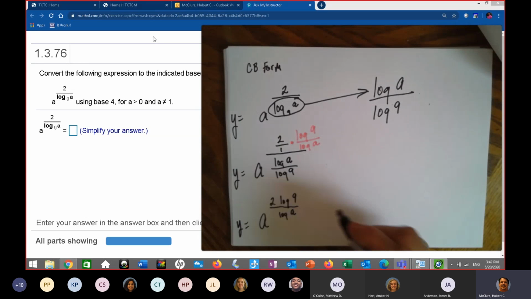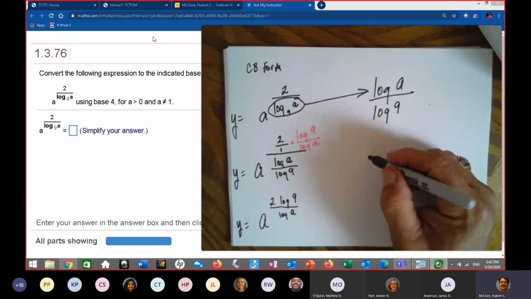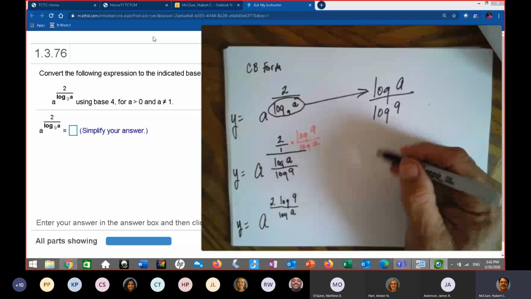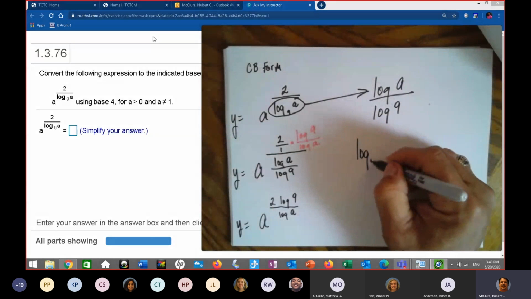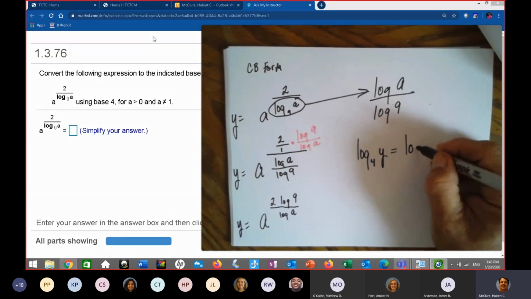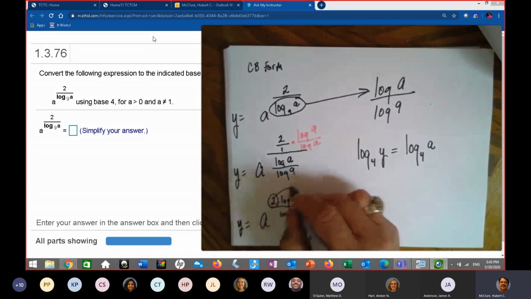Okay, now I'm going to take the log base 4 of Y. I want to take the log base 4 on both sides because it says I want to use the base 4. So log base 4 of Y equals log base 4 of A, and then, oh, and this right here, the power rule, this comes out to there.